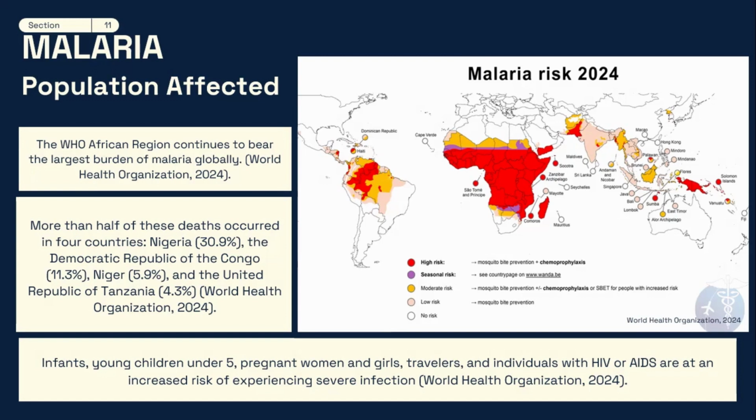They are the hardest hit, accounting for 94% of cases and 95% of deaths worldwide, with children under 5 making up 76% of those fatalities. The 4 countries mentioned in the slide, Nigeria, the Democratic Republic of the Congo, Niger, and Tanzania, accounted for over half of the deaths. Infants and young children, pregnant women, travelers, and individuals with HIV and AIDS are at higher risk of severe infection.